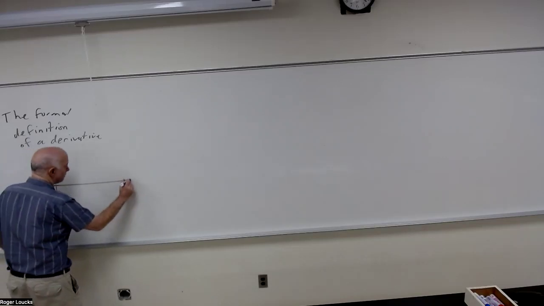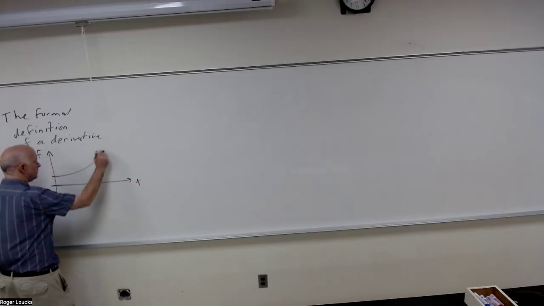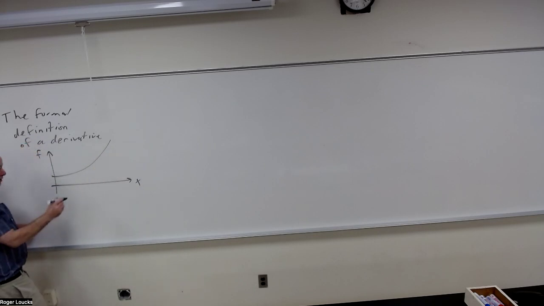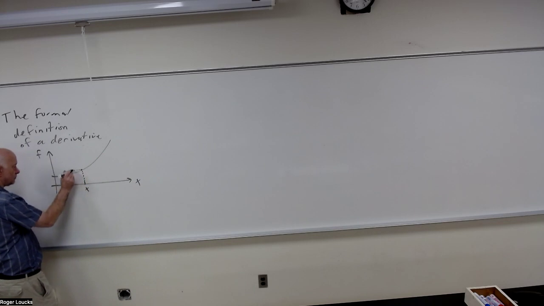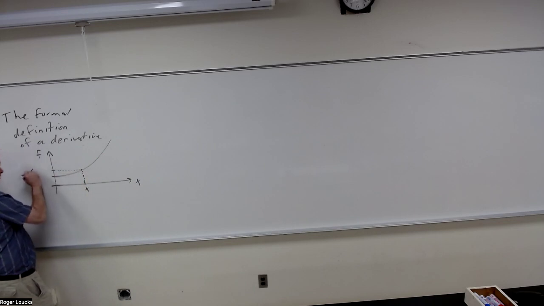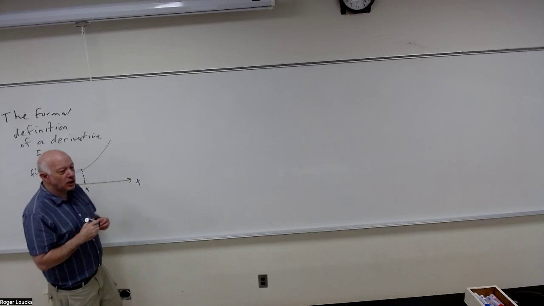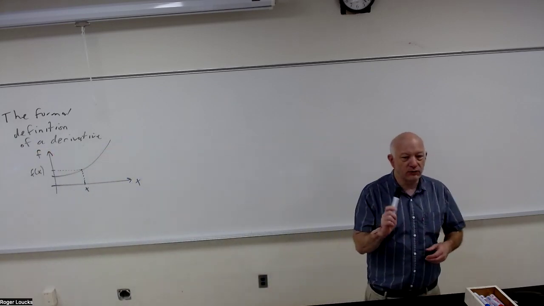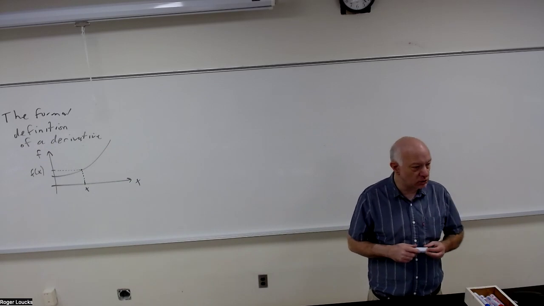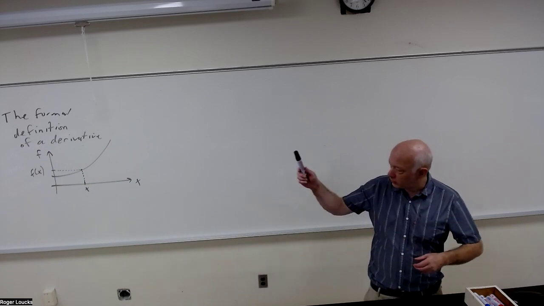f versus x. Here's a function. Let's say here's the point x. Here's the point f of x. Now you tell me, if I put you back in Calc 1, what would you now say is a formal definition of derivative? What do you do to that picture now?